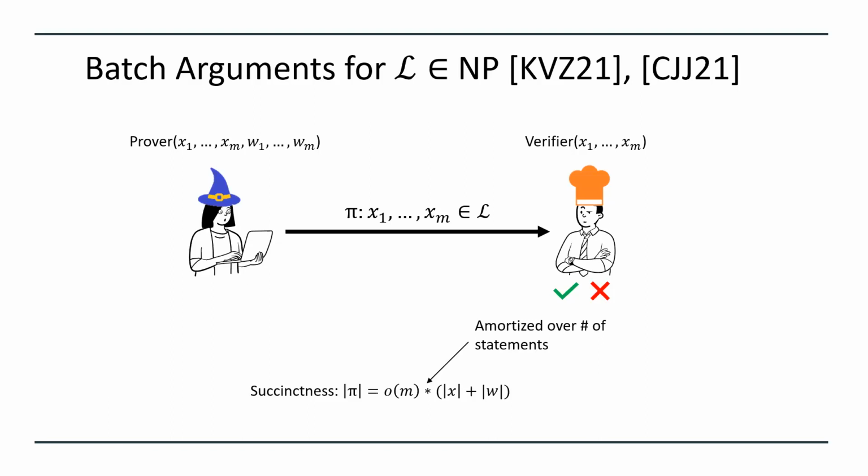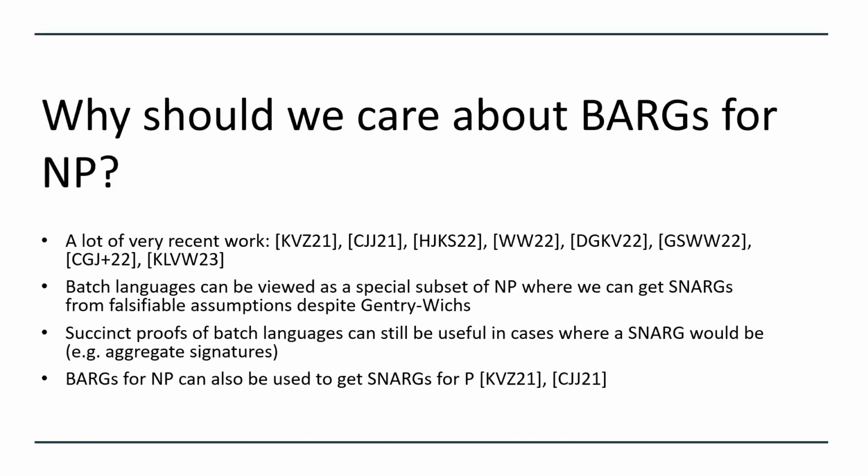So this is certainly a relaxation on the succinctness property, but why should we actually care about this specific relaxation? Well, one reason is because there's been numerous previous works on BARGs for NP, and part of the motivation for that is that batch arguments or batch languages are a subset of NP where we can get around this Gentry-Wichs separation.